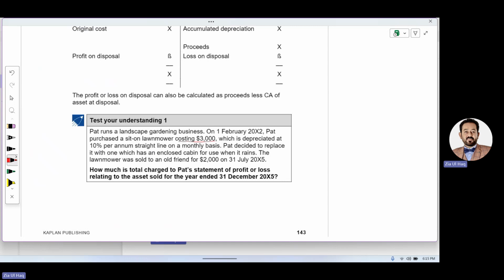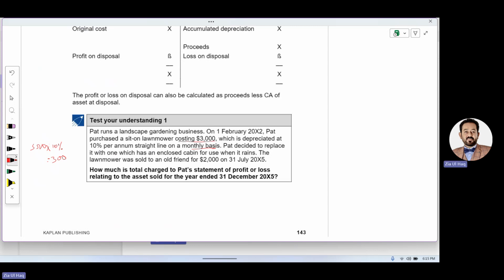So what is the per year depreciation? Per year, definitely 300: 3,000 into 10% is equal to 300 per year. On a monthly basis, this means we need to charge depreciation on a pro rata basis.